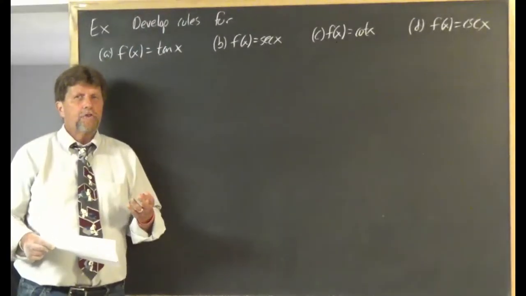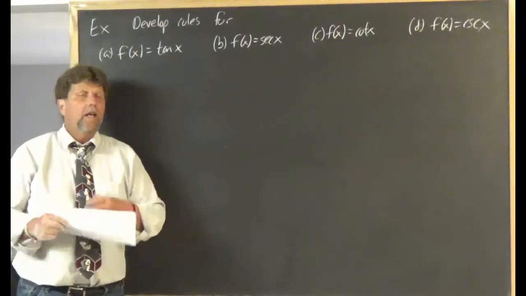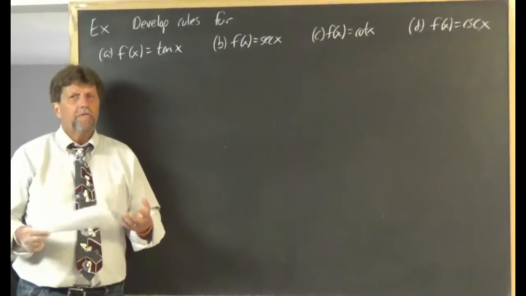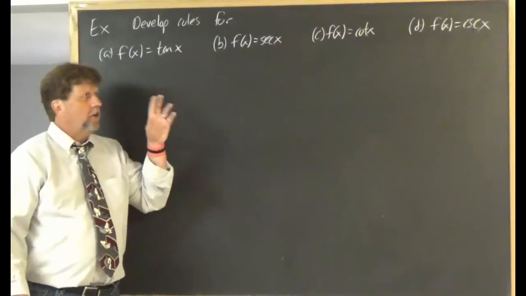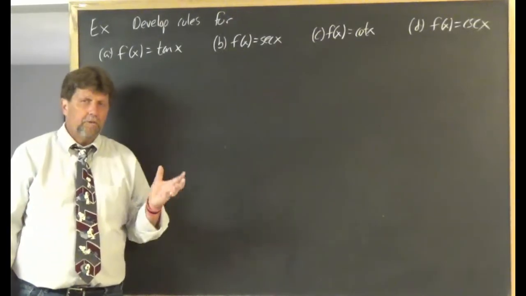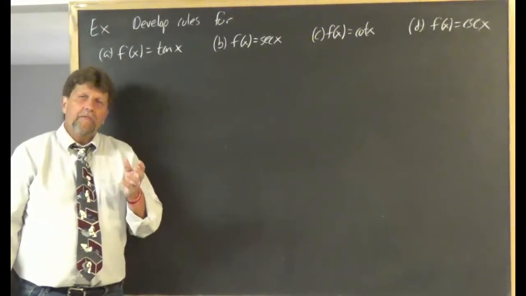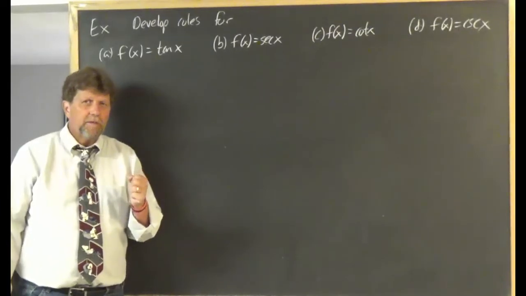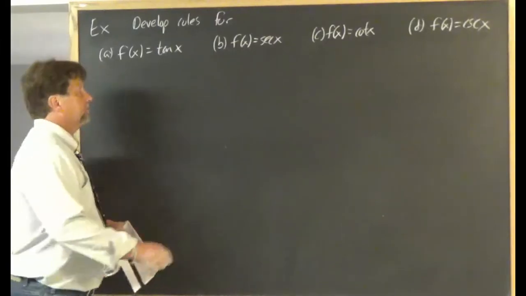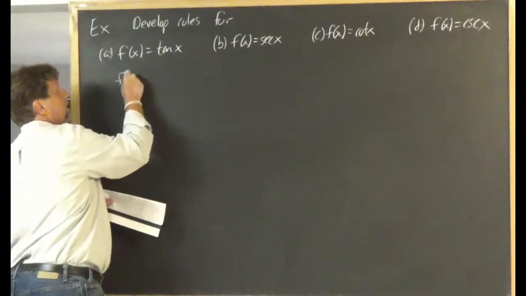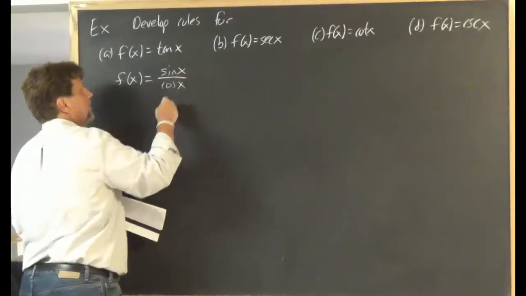All right, folks, we have 4 more trigonometric functions. We have tangent, secant, cotangent, cosecant, that we need to determine rules for the derivatives of. Now, I could take each one of these 4 and crank it through the definition of the derivative. That would be horrible. The neat thing in mathematics is once I know something to be true, I can then use it going forward. What do I mean by that? I know tangent can be rewritten as sine x over cosine x.